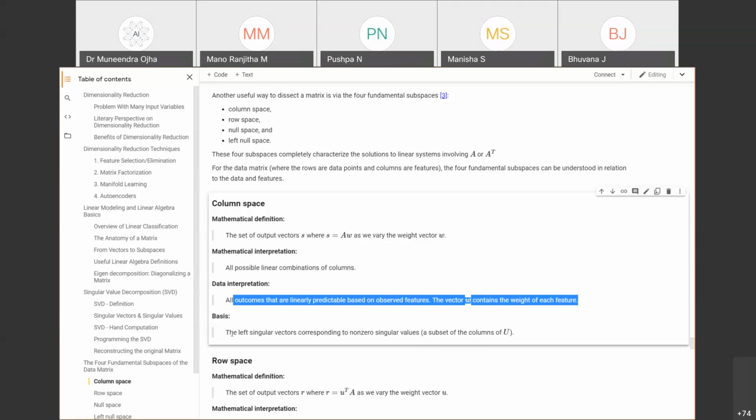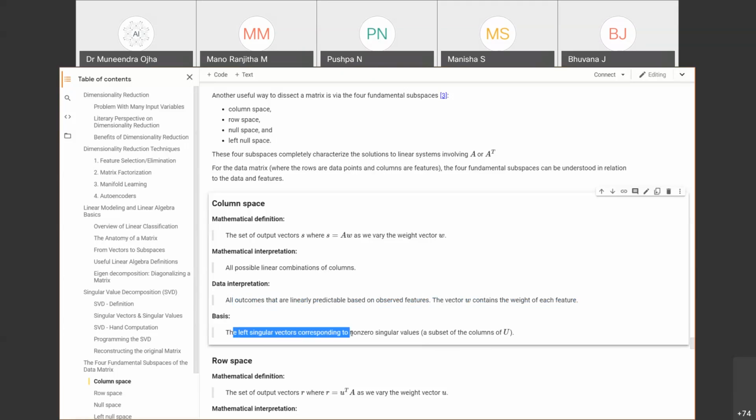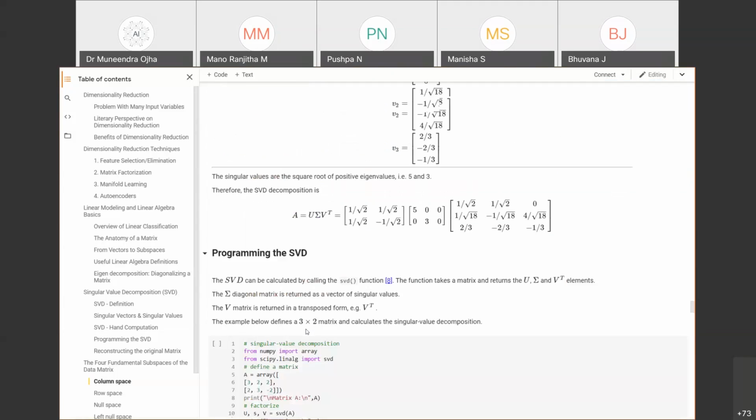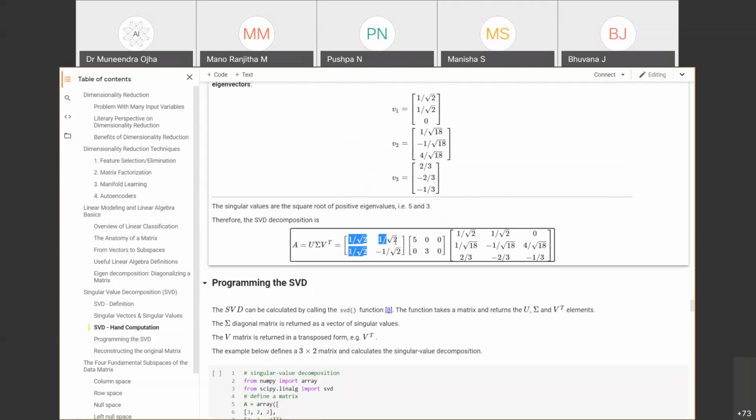However, in terms of SVD, the column space is the left singular vectors corresponding to non-zero singular values, a subset of columns of U. What is a left singular vector? When we perform the singular value decomposition, the matrix U is called the left singular vectors.